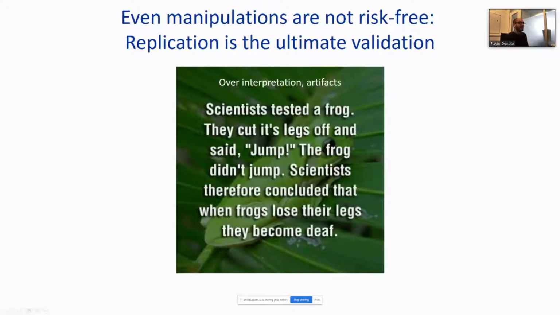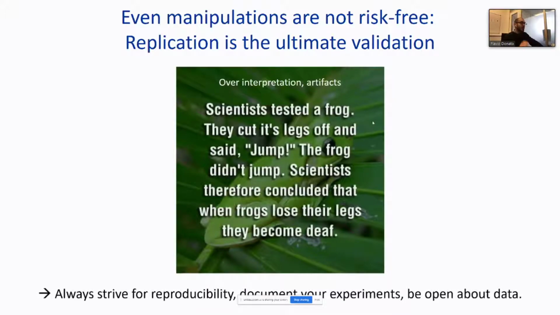And this is a cautionary tale about how science is really prone to overinterpretation, and how replication by you, but also by other labs, is the ultimate validation. The only way to have reproducible science, the only way to have real conclusions and truth, is to have it replicated by other laboratories. So we should all strive and work to allow other people in the world to replicate or to challenge our results.